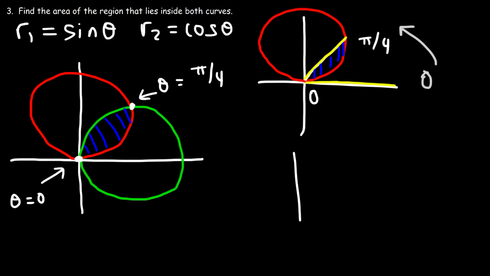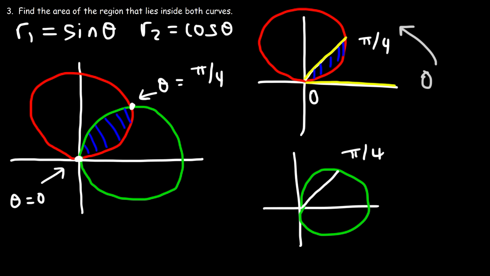Now let's focus on the cosine graph, and this is where you need to be careful. If we draw a line from the origin to pi over 4, it will give us this shaded region. So to get this combined region, we need to add up these two values as opposed to subtracting them.